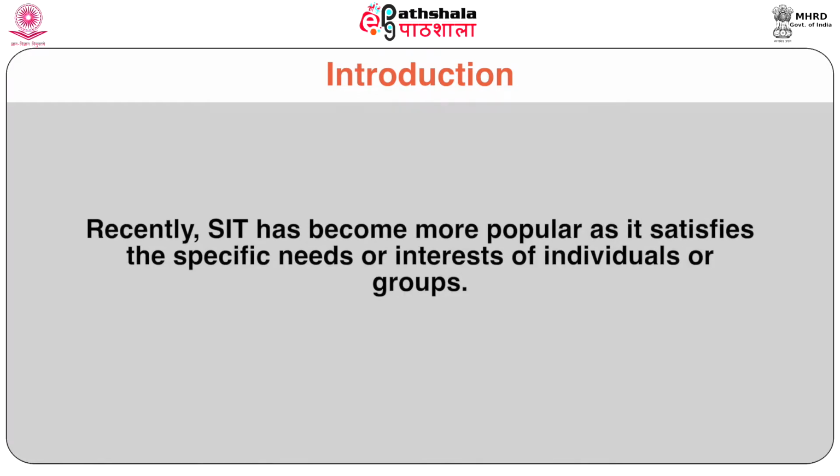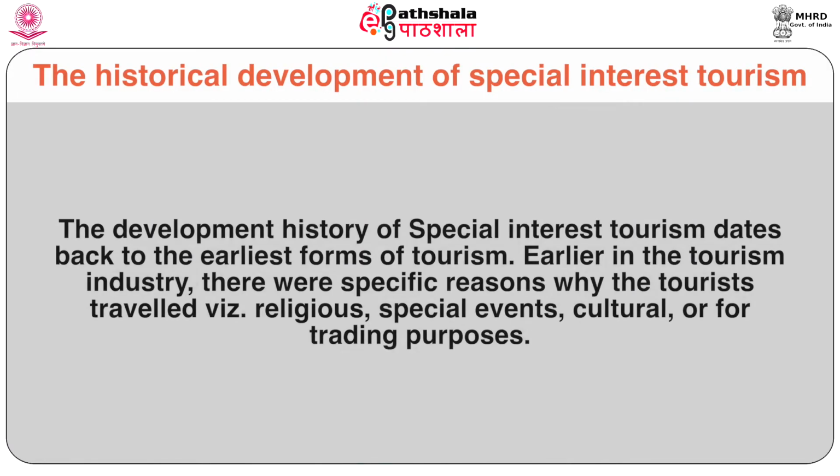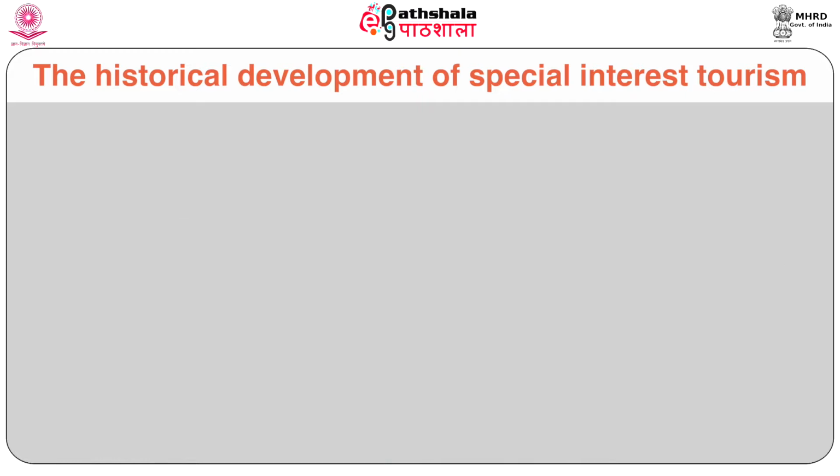Recently, special interest tourism has become more popular as it satisfies the specific needs or interest of individuals or groups. The development history of special interest tourism dates back to the earliest forms of tourism. Earlier in the tourism industry, there were specific reasons why tourists traveled, for example, religious, special events, cultural, or for trading purposes.